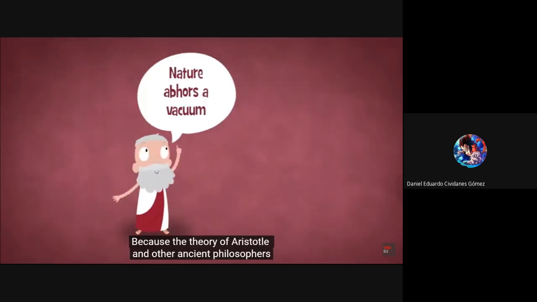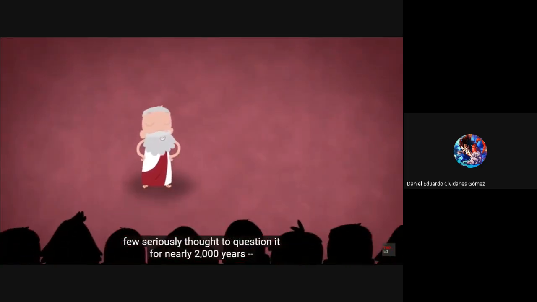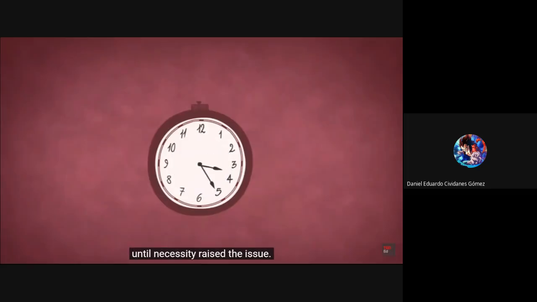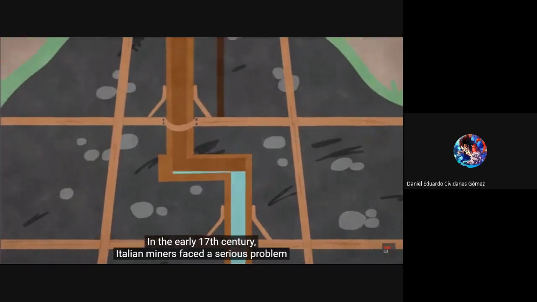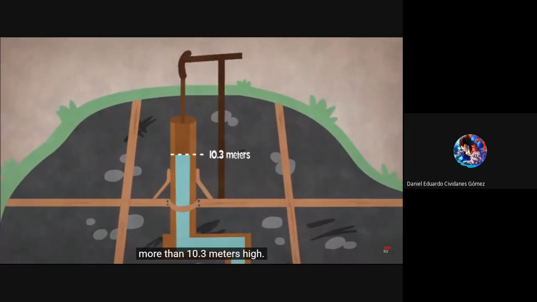Because the theory of Aristotle and other ancient philosophers regarding the impossibility of a vacuum seemed to hold true in everyday life, few seriously thought to question it for nearly 2,000 years, until necessity raised the issue. In the early 17th century, Italian miners faced a serious problem when they found that their pumps could not raise water more than 10.3 meters high.